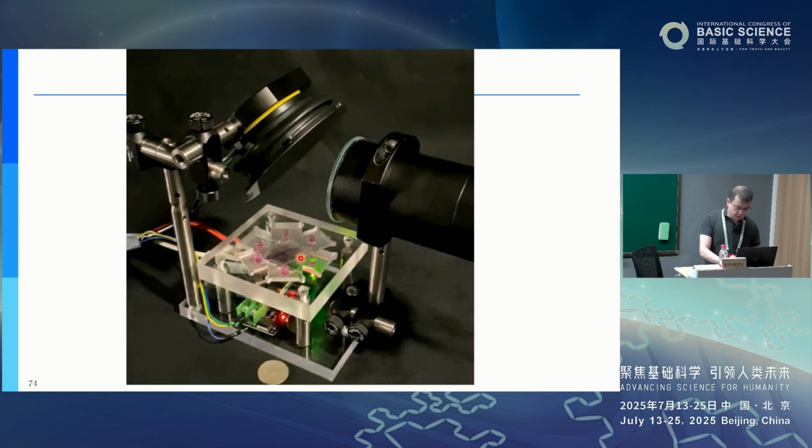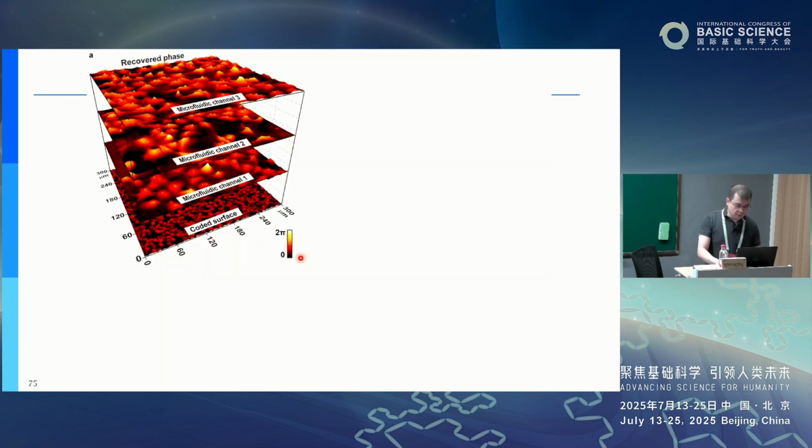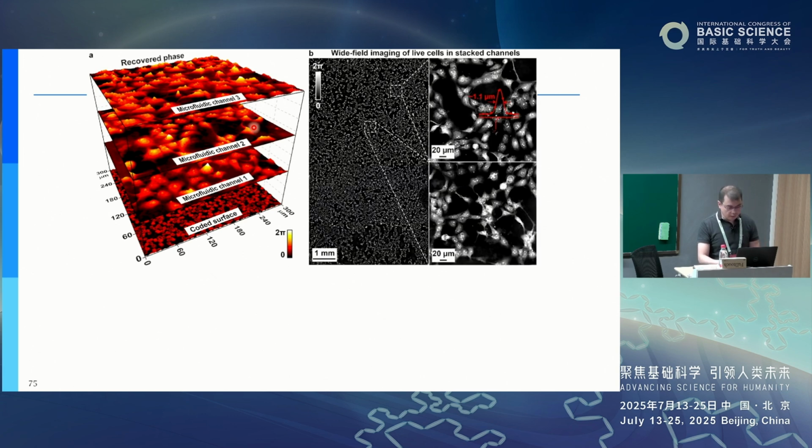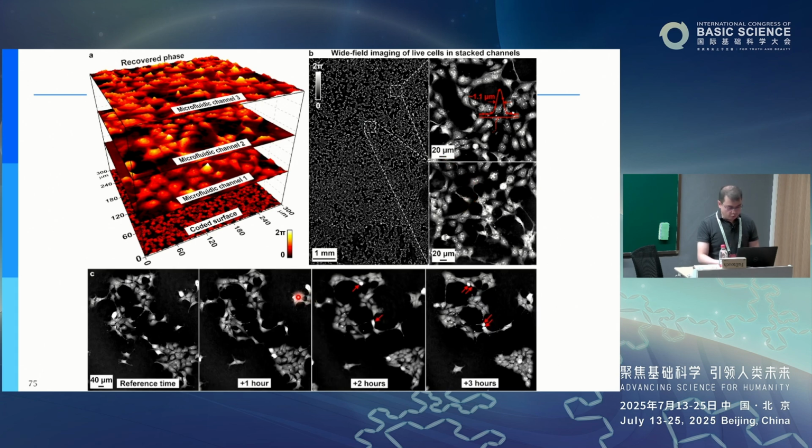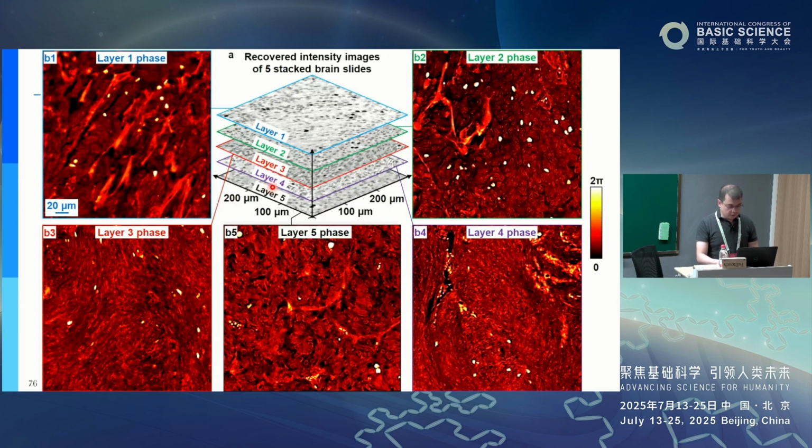From the data we capture, we try to recover the multi-layer object. In this case, we have 4 different layers. We have the coated layer, and 3 different cell cultures stacked together along the Z direction. For each layer, we have a very large imaging field of view. And we can also monitor the cell growth over time. So this is another demo.